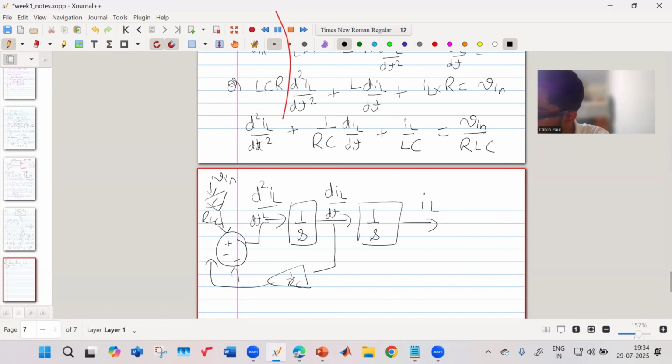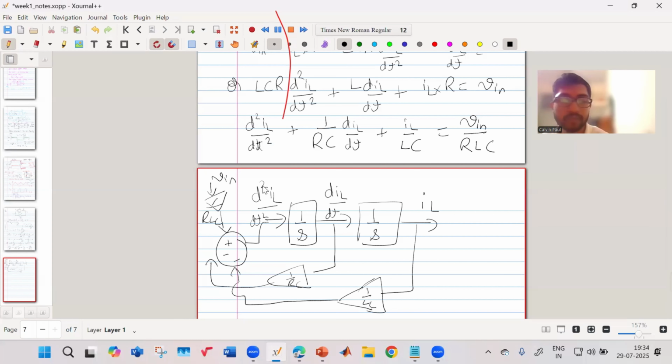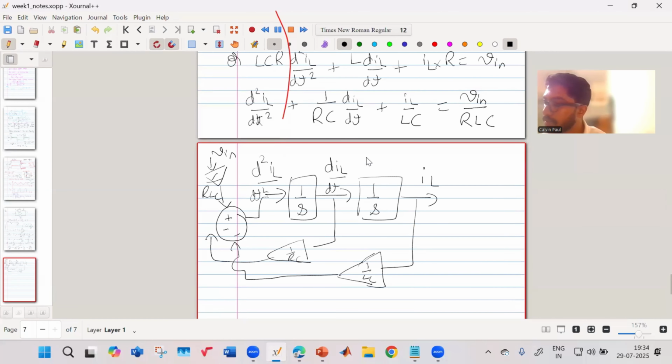We subtract. Similarly, over here, we scale IL by 1 upon LC. So this is the overall expression. This is the overall way we can solve this dynamical equation if you would add it into SIMULINK or something.